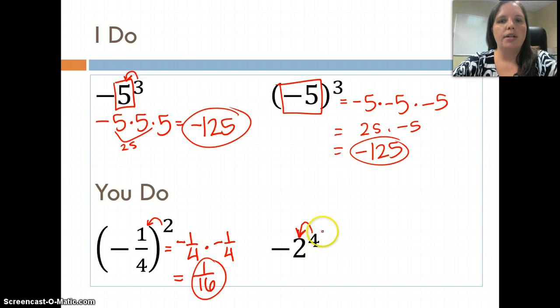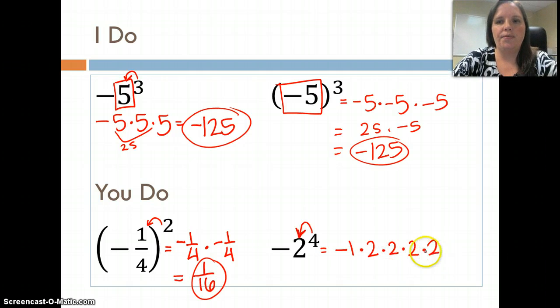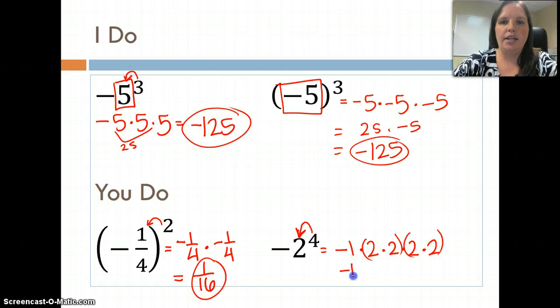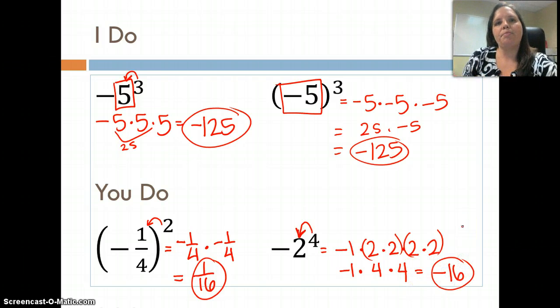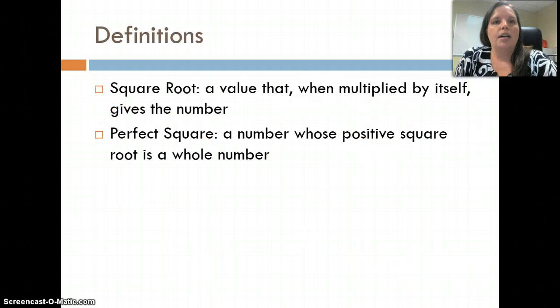The exponent 4 is only acting on the 2. So the negative sign hangs out front, or is a -1, and the 2 repeats 4 times. So if we group these how we want, you have -1 times 4 times 4, which is -16. So those parentheses and locations of the negatives make a big difference.